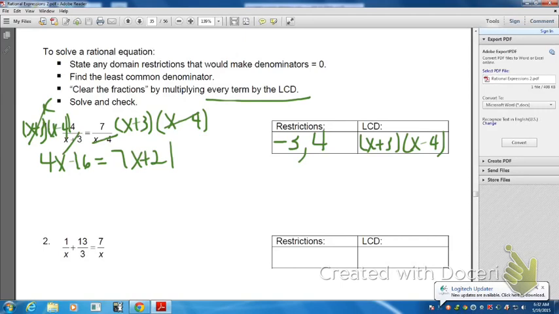And then we would just continue to solve this as a regular equation. We would move our 4x over, so that would give us 3x here. We would move the 21 to the other side as a negative 21, so that would leave us with a negative 37, giving us a final answer of x equaling negative 37 divided by 3.